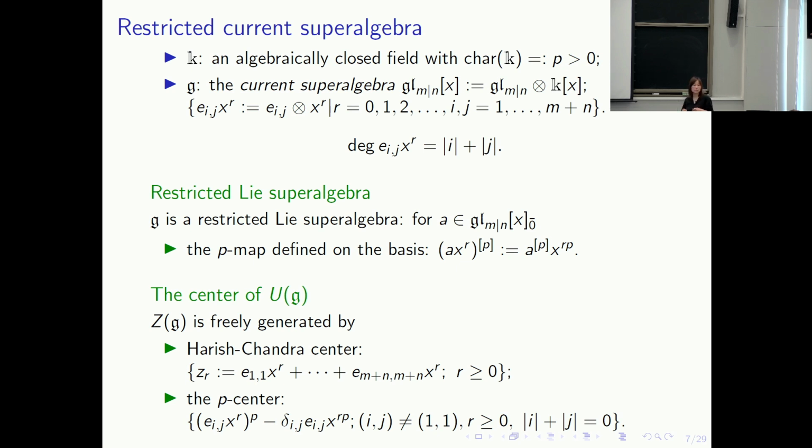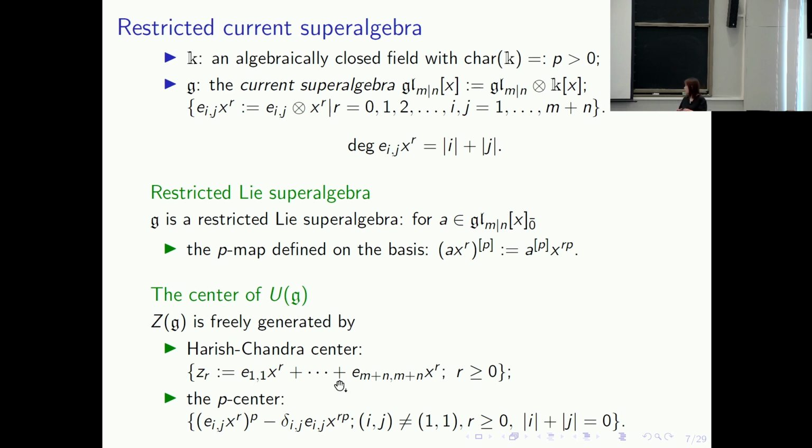In characteristic 0, it is very easy to prove that these even elements are central in the universal enveloping algebra of g.